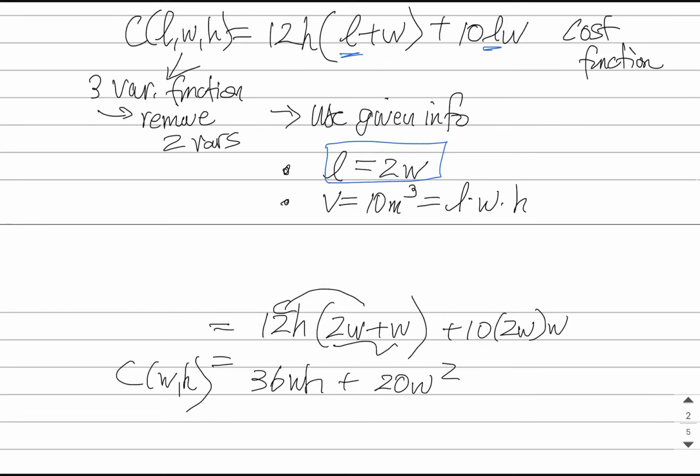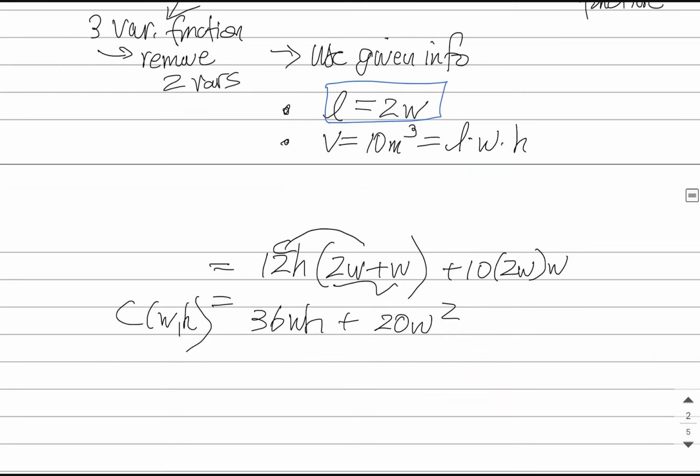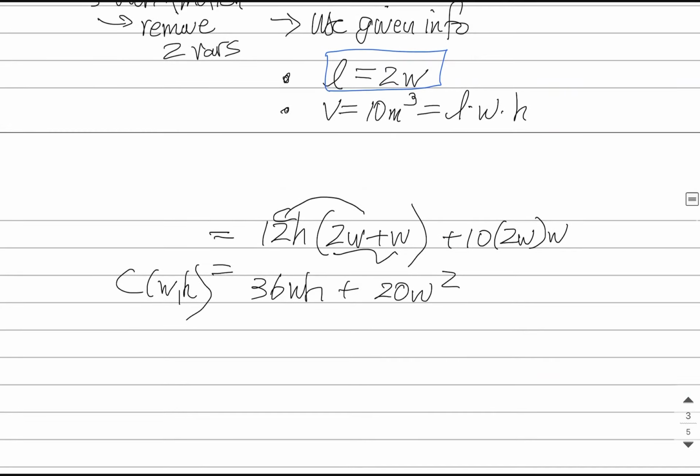So what we've done is successfully reduced this function from a function of 3 variables to a function of 2 variables. We have to keep going.